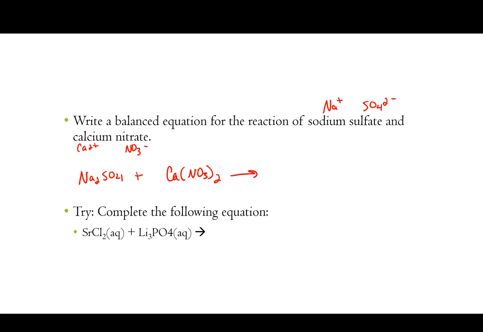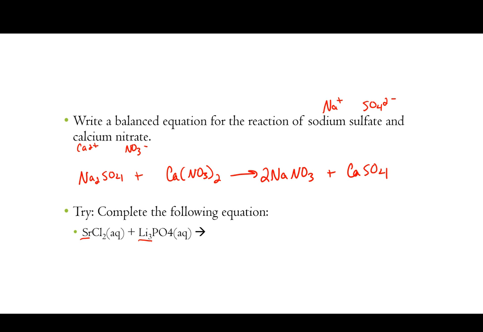And then again, the cations, the sodium and the calcium, are just going to switch partners. So the sodium's going to go with the nitrate. Sodium's a +1, nitrate's a -1, so it's just NaNO3. The calcium's going to go with the sulfate. Calcium's a +2, sulfate's a -2, so it's just CaSO4. To balance this, I would just need a 2 in front of the sodium nitrate.